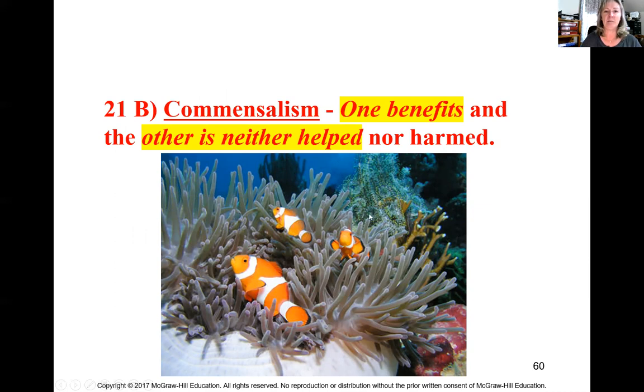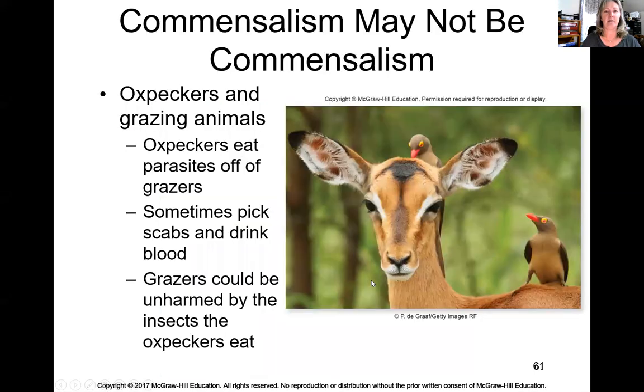The anemone produces little stinging poison nematocytes that normally repels fish, but the clownfish is immune to that. So this protects a clownfish because other larger fish or other animals, predators, won't come near the sea anemone, but it doesn't help or harm the sea anemone. So that's a commensalism.